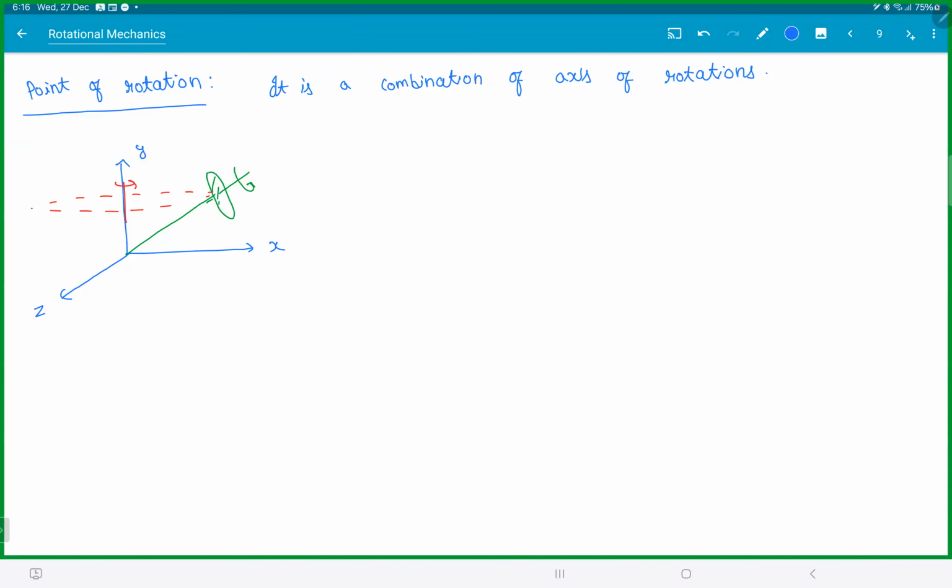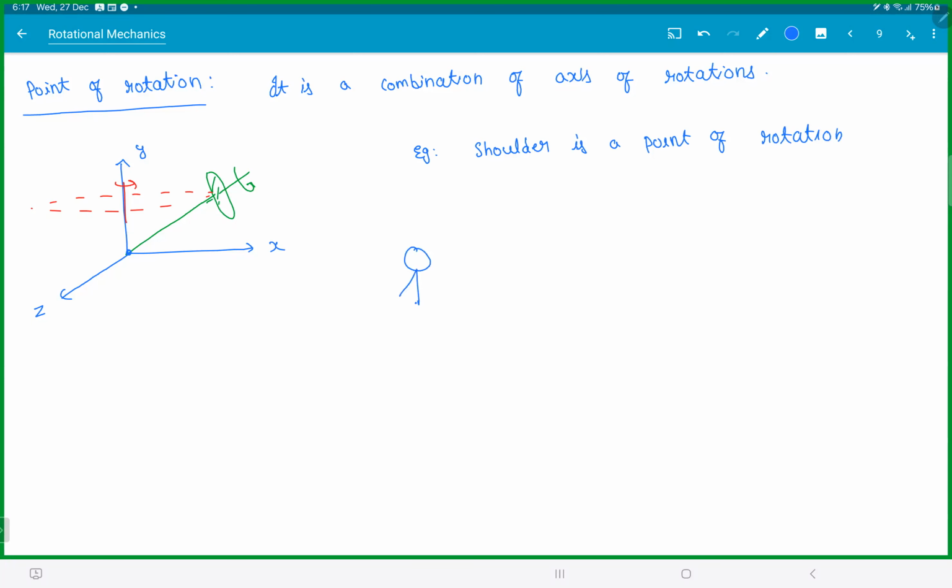But a better example would be your shoulder. When you rotate your hand, the shoulder is actually a point of rotation. Think of it like this.